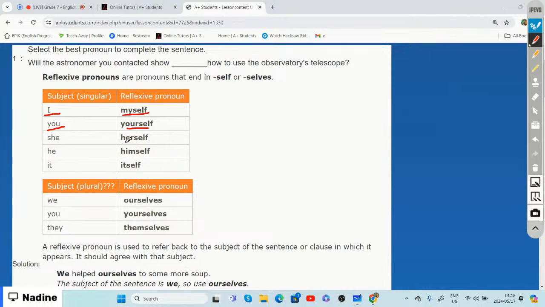Then it is herself, referring to she, himself, referring to he, and itself, referring to it. And the same with our plural subjects, referring to more than one: ourselves, referring to we, yourselves, referring to you, and themselves, referring to they.